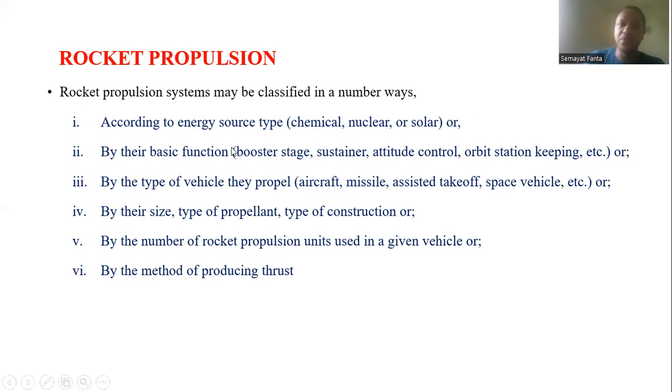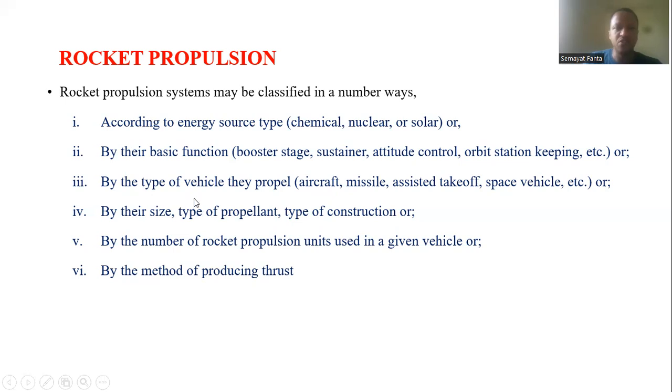So based on energy source, we classify chemical, nuclear, solar, and others. We also classify based on their basic function: booster stage, sustainers, attitude control, orbit station keeping, and by the type of vehicles they propel. Most of the rockets are propelled using some other vehicles at the very initial phase. Sometimes aircraft can be used, sometimes missiles will propel them, and sometimes assisted takeoff will be done, and space vehicles also can be used.